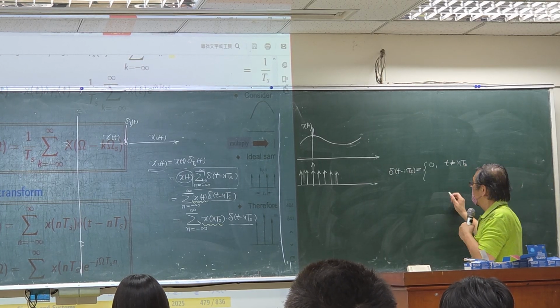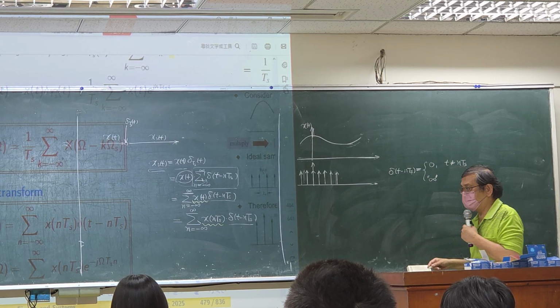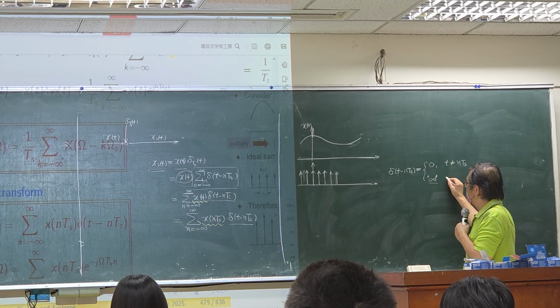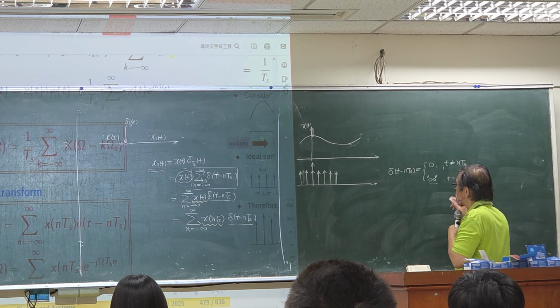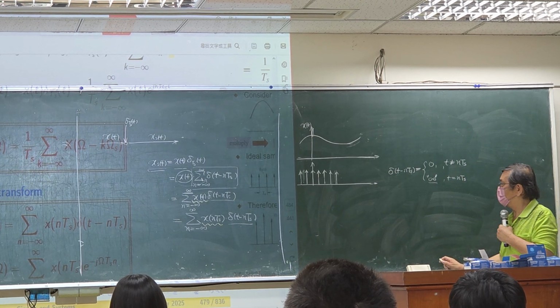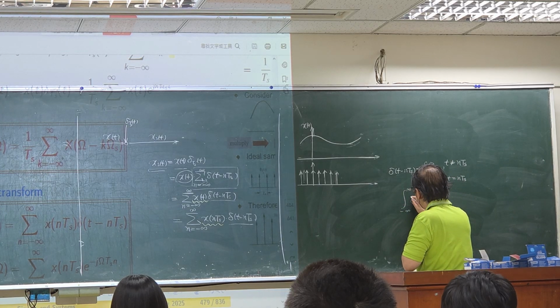Okay, and then let me use infinity. This vector is not so precise. So t is equal to nTs, and precisely speaking, I have to write this.